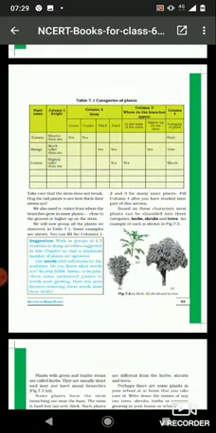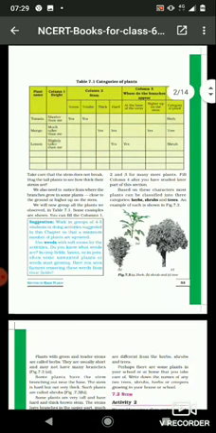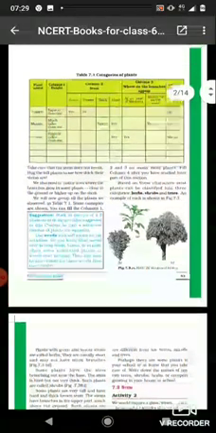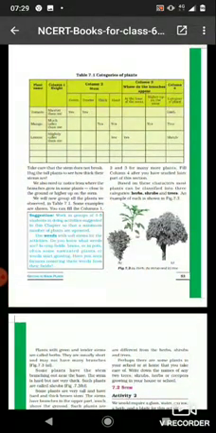Here in figure 7.3 we see three different types of plants. In figure 7.3a we see a small plant with green stem and small branches. We can't say these are branches, these are simply the outgrowth of the stems where leaves are grown. So we see there are fewer leaves and they are herbs.